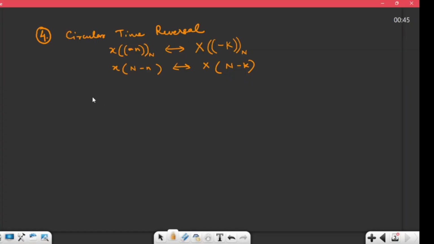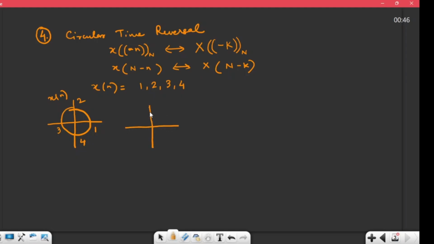So if x(n) is equal to 1, 2, 3, 4. This is your x(n). If I circularly reverse it, x(-n), how does it look?